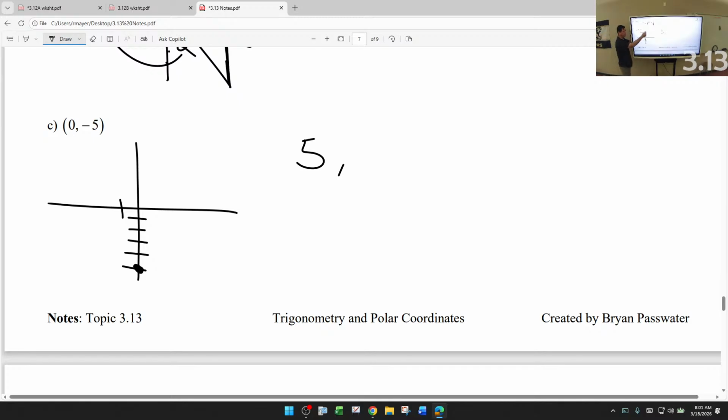You could have done pi over 2, -5. You could have done -3 pi over 2, -5. Infinite ways to label those. That's what I'll do, but you might want -pi over 2 just as easy. Yes, no, maybe?